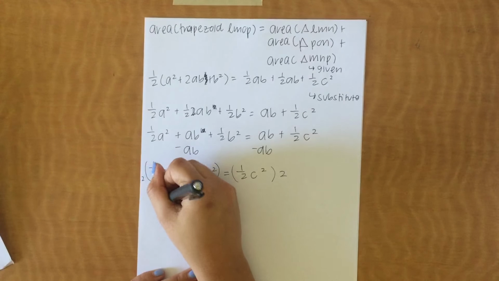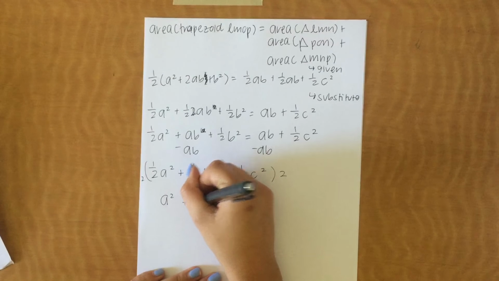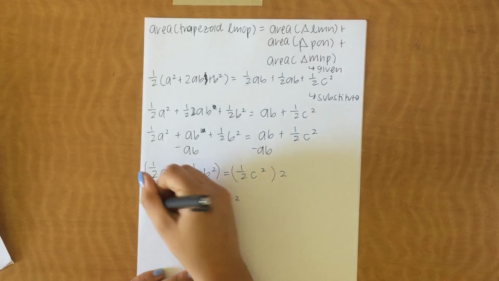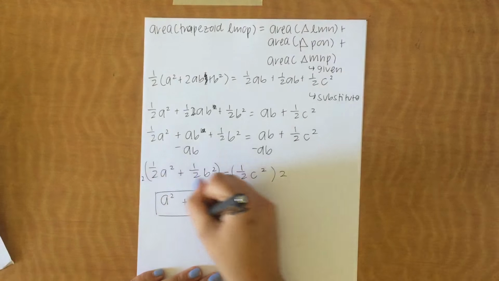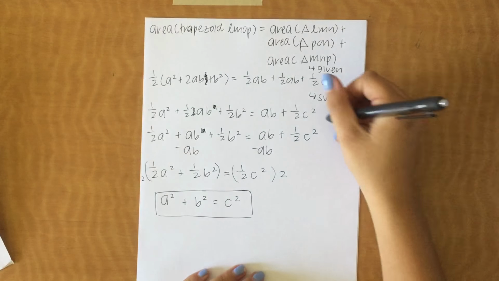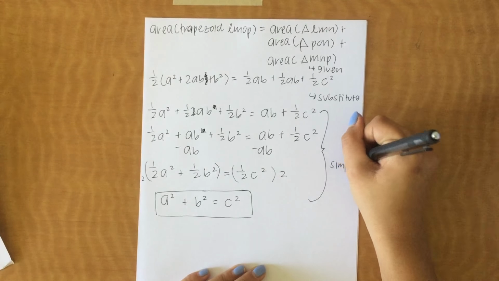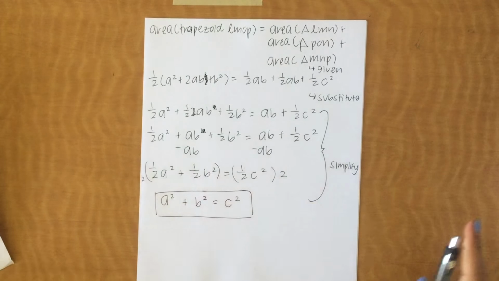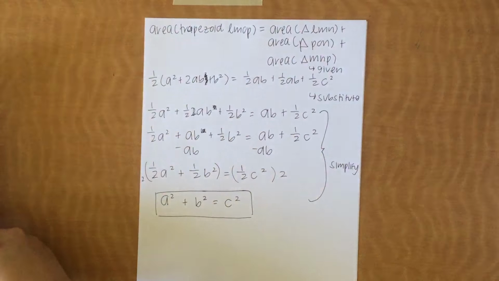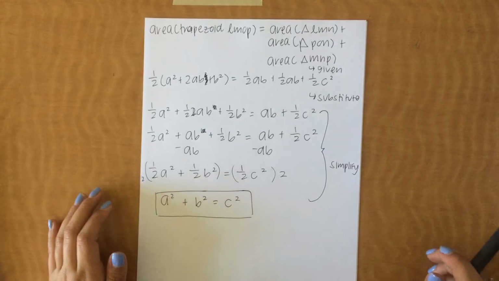And then that'll be a squared plus b squared equals c squared. And all of this is just simplify. And there you go. We got a squared plus b squared equals c squared.